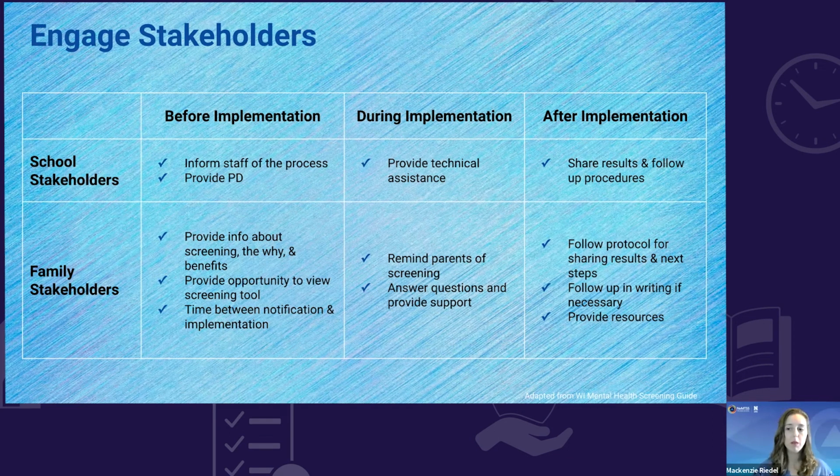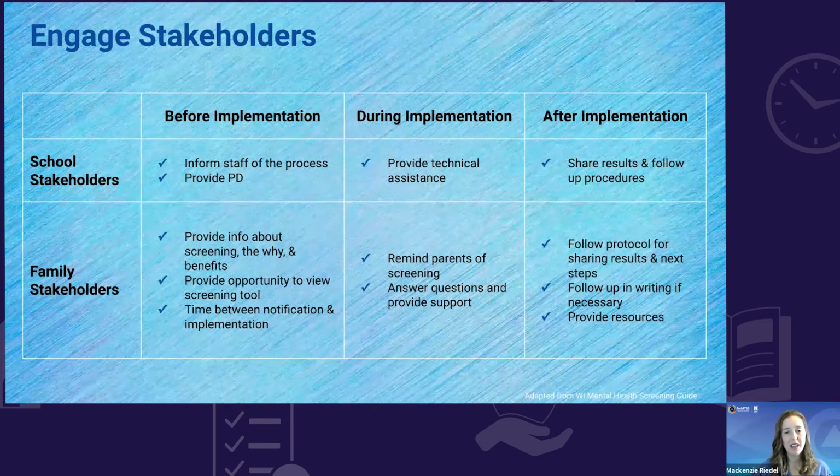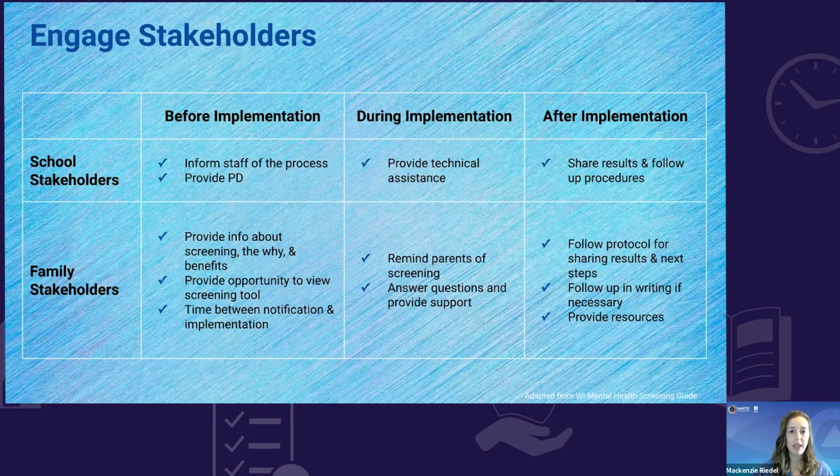So before implementation for school stakeholders, you want to inform your staff of the process you've created and provide some professional development. What do the staff need to know? You want to make sure you provide enough training for them so they have a general consensus and understanding for how to fill out the form.